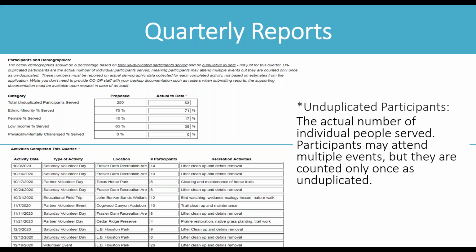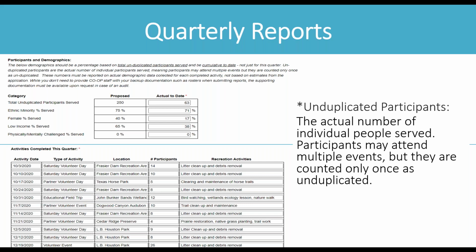The quarterly reports, again, are available on the 1st of the month prior to the due date, and they will appear under the My Task section of your main screen in Argo. On the quarterly reports, you'll be asked a series of questions. You'll be asked about your progress on your goals, any challenges you experienced during that period, or what's needed from us.